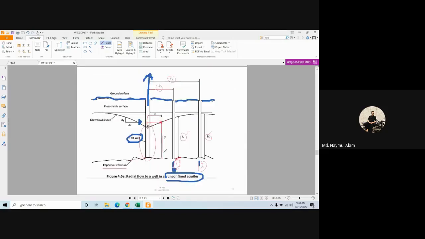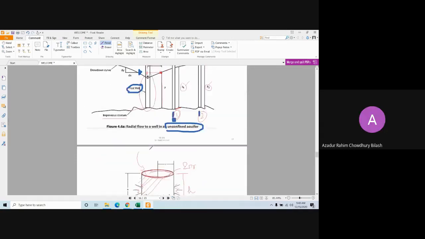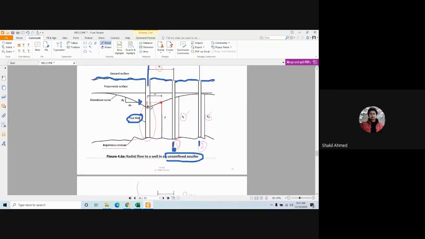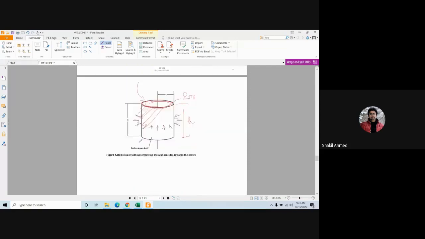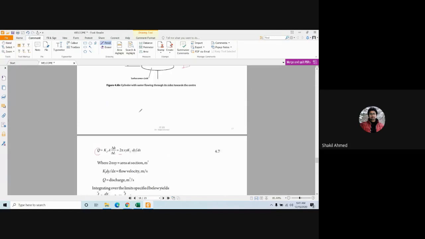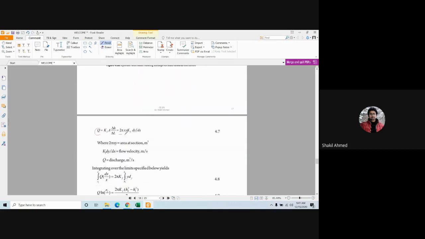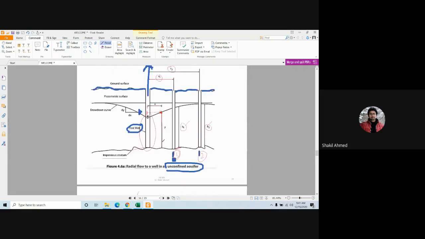Twice pi R into H. So we can write the area, if we replace R as X and H as Y, as twice pi X into Y. This is the cross-sectional area, twice pi X into Y. Clear?